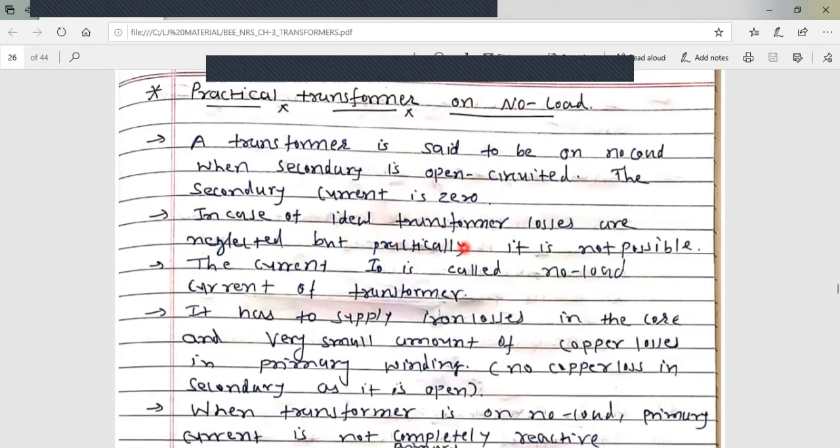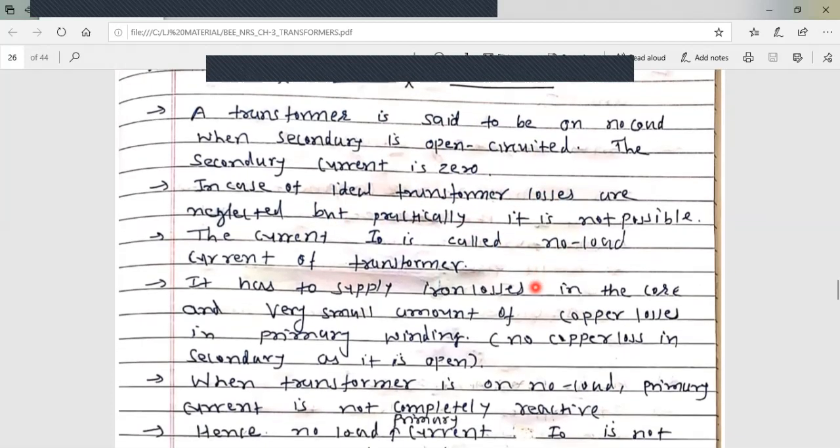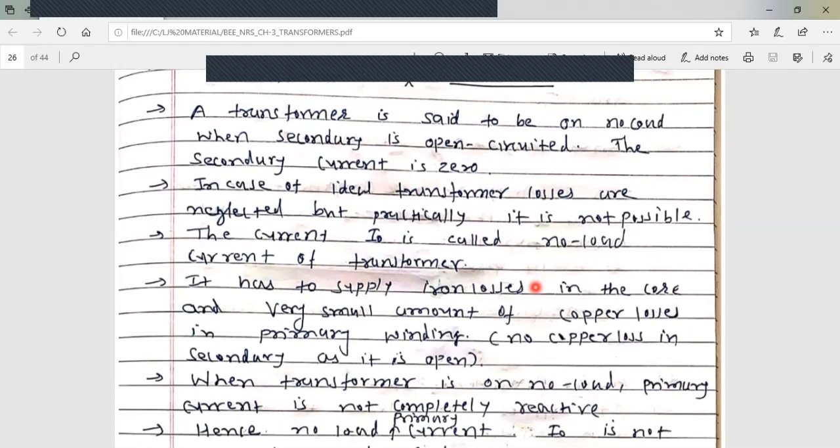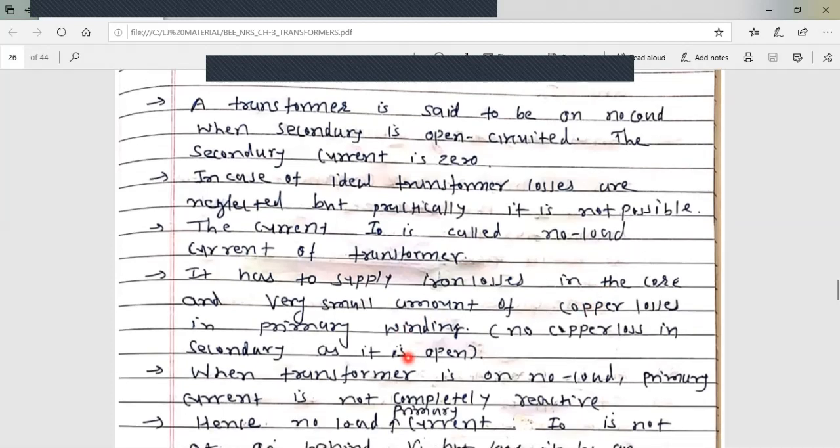In the case of an ideal transformer, losses are neglected, but practically it is not possible. So we can say that a practically ideal transformer doesn't exist, because there are always losses in a transformer. A practical transformer has iron losses in the core and copper losses in the primary winding and secondary winding, as we have discussed earlier.